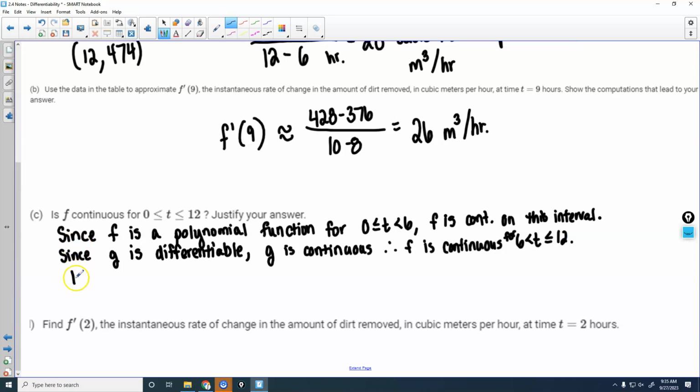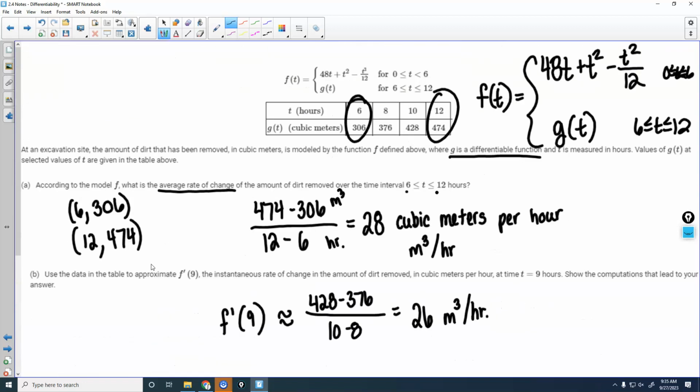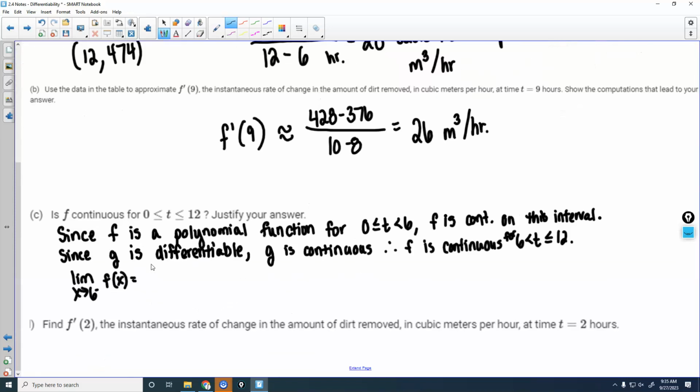So now we need to do the limit as x approaches 6 from the left of f of x, which will be, if we plug in 6 into that equation, 48 times 6, what was it, plus 6 squared minus 6 cubed over 12.